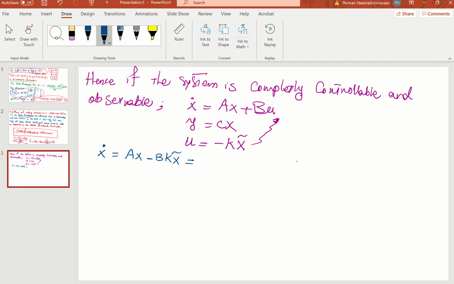So you can write it like this, guys. You can add minus BKx and add BKx, that's right, because this is 0 finally, minus BK x hat, and this is x, that's right.